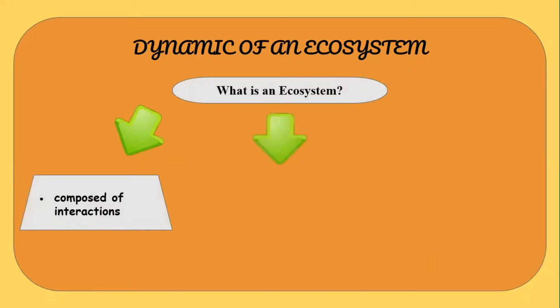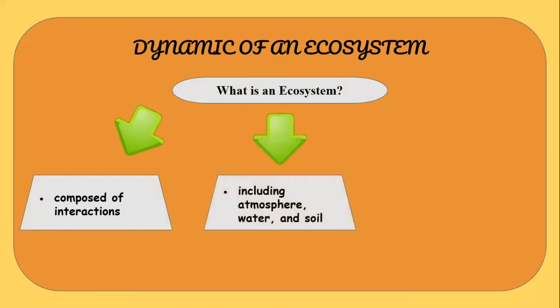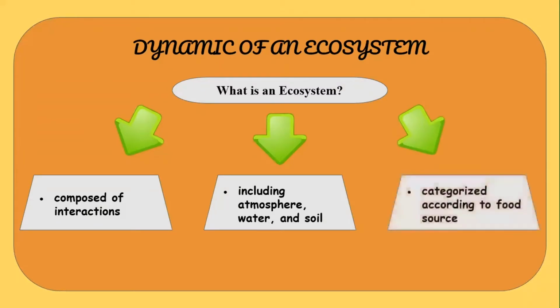The abiotic or non-living components of an ecosystem include the atmosphere, water, and soil, while the biotic or living components can be categorized according to their food source as autotrophs or heterotrophs. Next topic, I will talk about autotrophs.